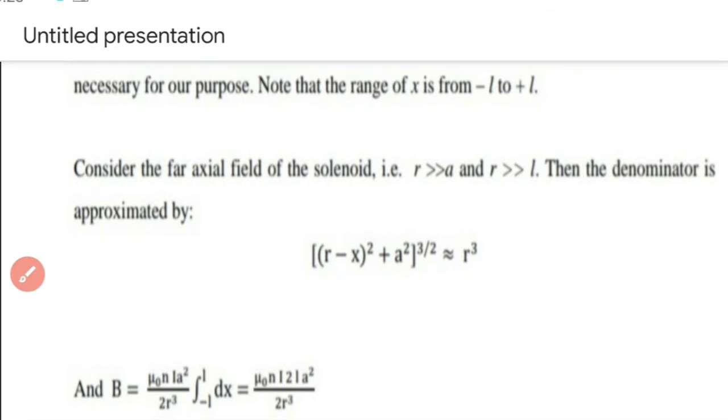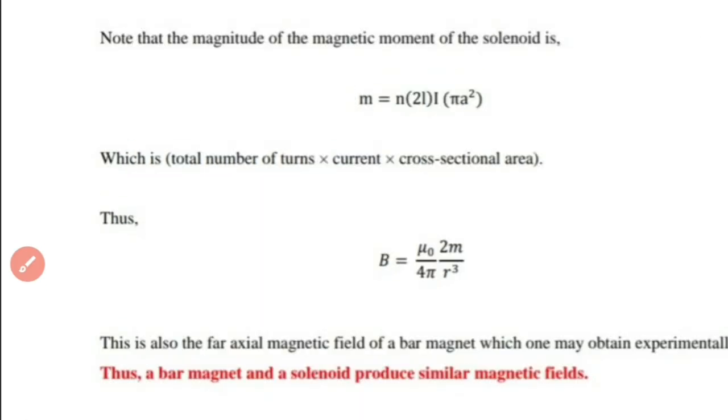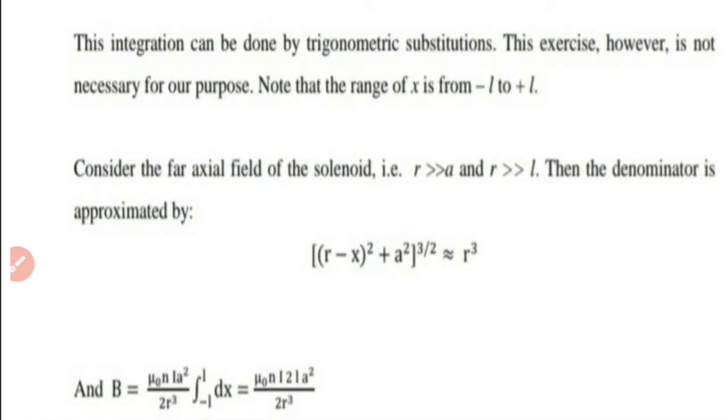Now in this equation, in the numerator, we have n into 2L into I into pi a square. So we are rearranging that. If you multiply both the numerator and denominator with pi, the equation will be mu 0 n I 2L pi a square divided by 2 pi r cube.